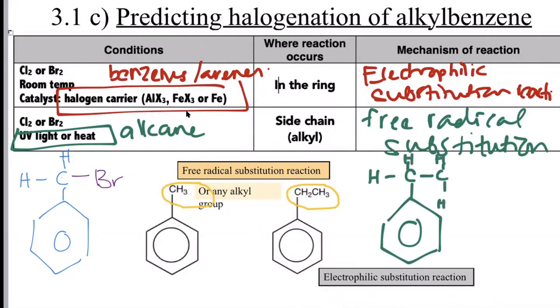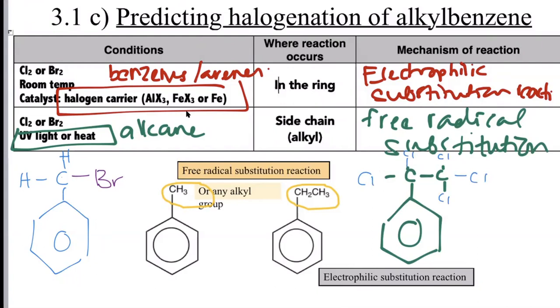There can be a mono substitution, di substitution, tri substitution, or you can substitute all the hydrogens, if you still remember from your AS. The halogens will replace all your CH bonds. You still remember this?